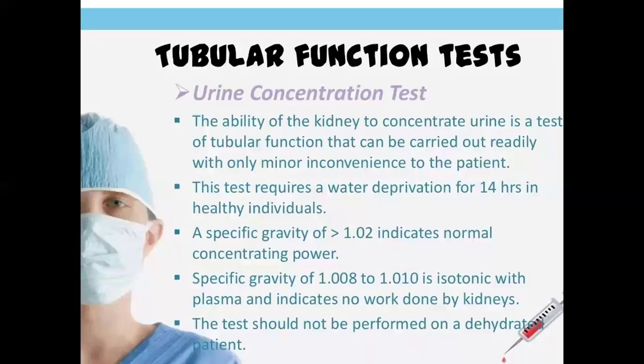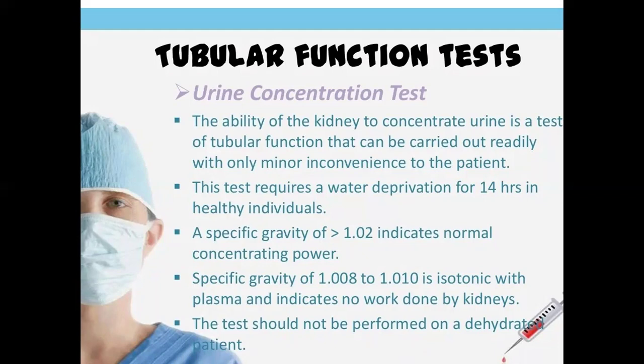Then tubular function tests. In the tubular function test, we perform the urine concentration test. The ability of kidneys to concentrate urine is a test of tubular function that can be carried out readily with only minor inconvenience to the patient. This test requires water deprivation for 14 hours in healthy individuals.